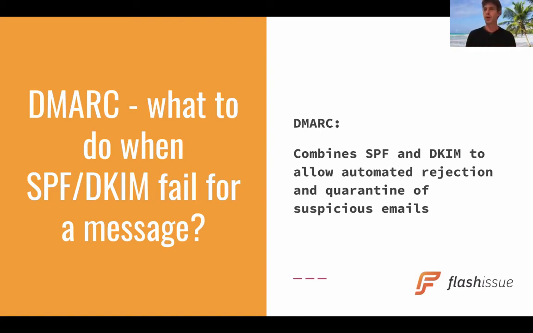So DMARC is a way for the owner of the domain to tell all the other email services in the world what to do when a message says it comes from this domain, but probably isn't.